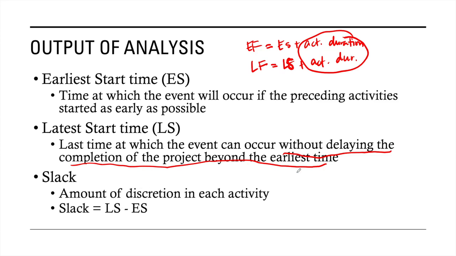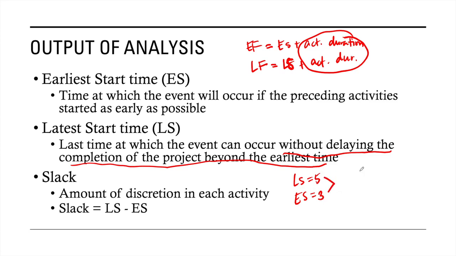So for example, let's say LS is 5 and ES is, let's say, 3. So what do these two things mean? That means on the third day you can start activity A already. However, the analysis also tells you you can actually start activity A on day 5.